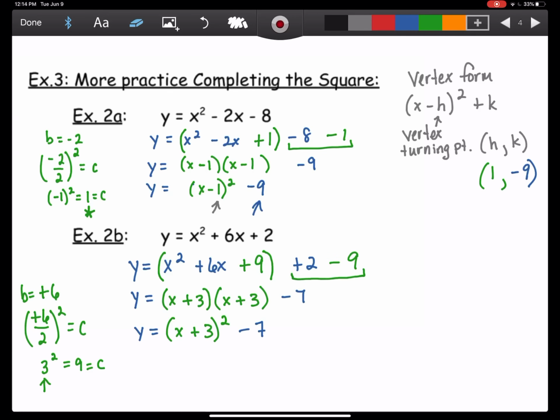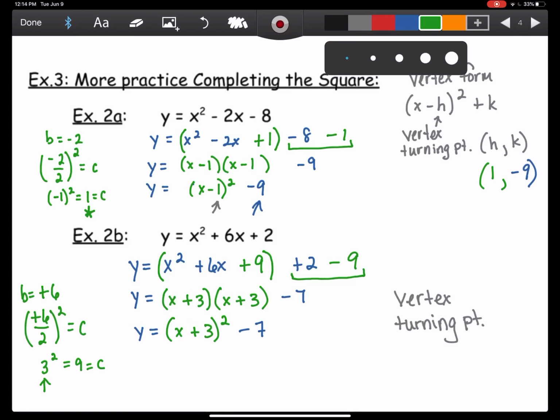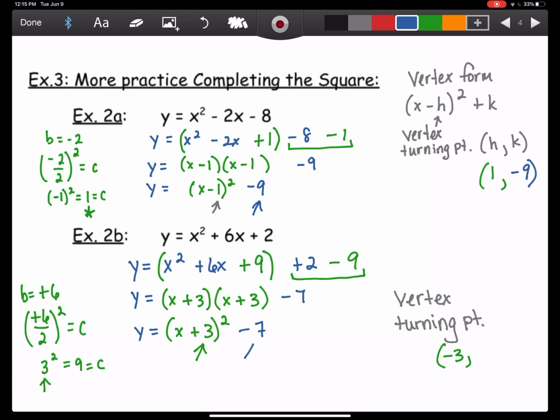So our vertex form, our vertex or turning point is, look at the form, it's got a positive 3 there. What does that mean? It really means that h is actually negative 3. And then check out what k is, negative 7.